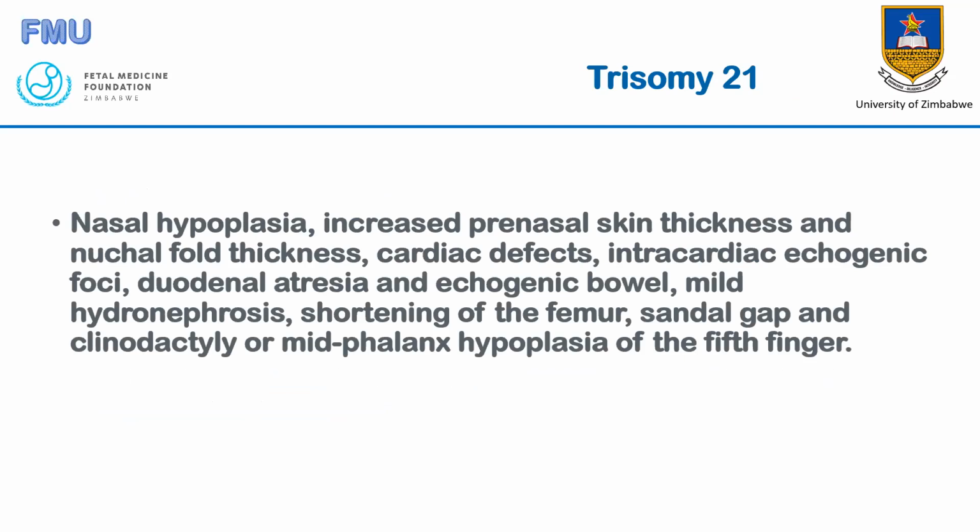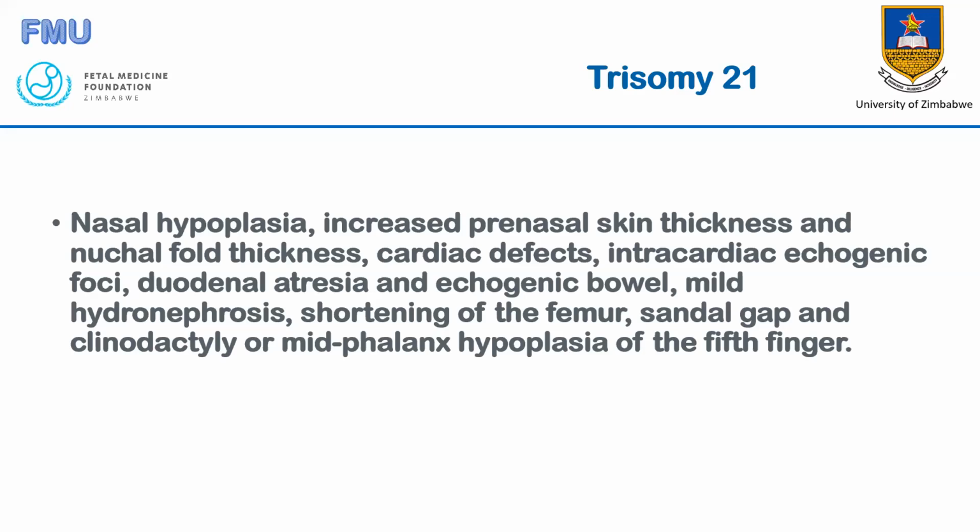We use the markers, which have been studied extensively, and people have seen a great association between these features and the specific chromosomes. So for trisomy 21, nasal hypoplasia, a small nasal bone, or a small nose, a flat nose, is part of the markers.